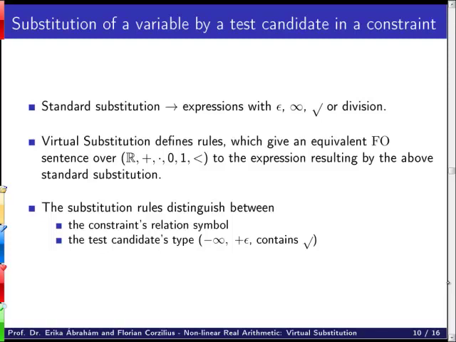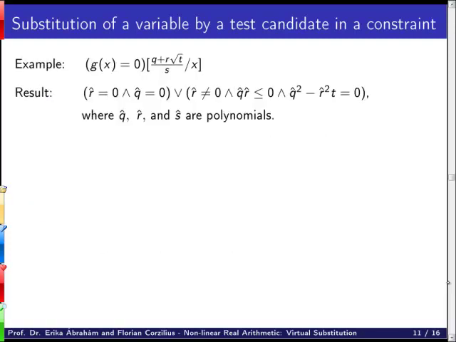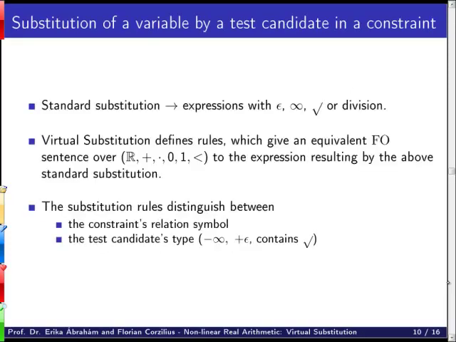So we need some rules, as I have shown you in the first example. These rules give us equivalent expressions in real algebra, which have the same satisfiability behavior as the expression we had before, but with one variable less, namely the variable we want to substitute.